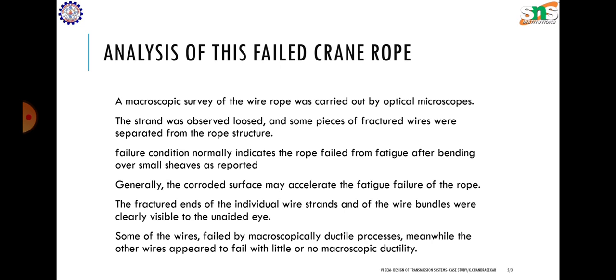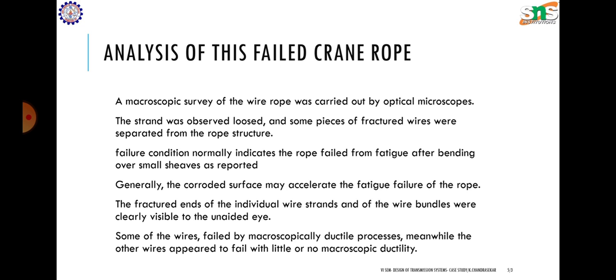So here the failure is due to fatigue. Generally a corroded surface may accelerate the fatigue failure of the rope. So they think corrosion may be the cause, and they try to find the reason.